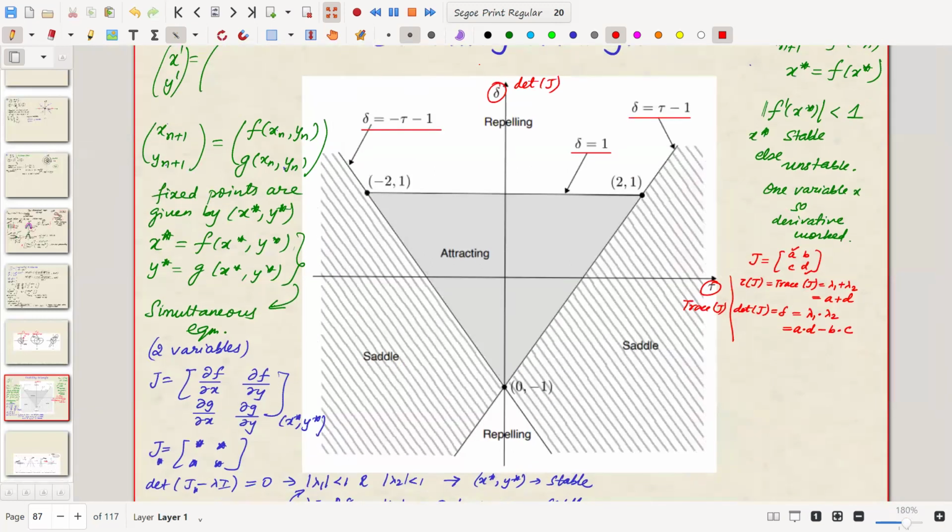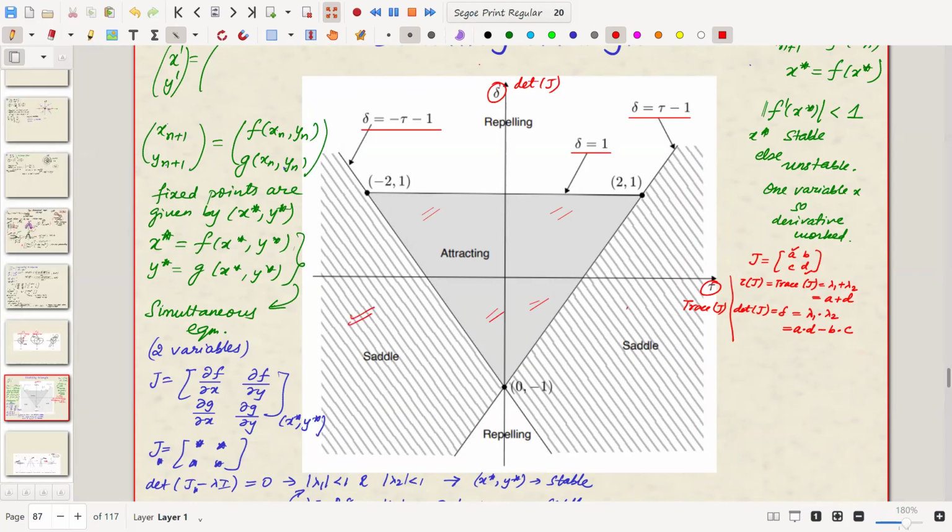If the tau and delta values of the fixed point lie inside this gray region, which is colored very nicely, then your fixed point is stable. If it is lying anywhere outside, like in the punctured region, it is an idle fixed point.